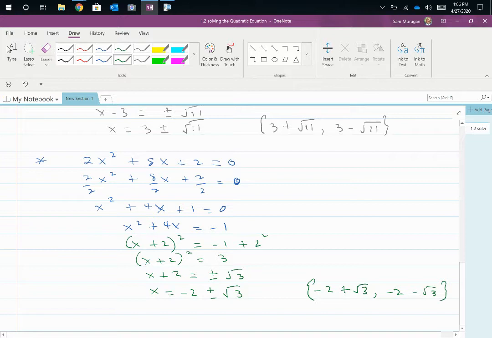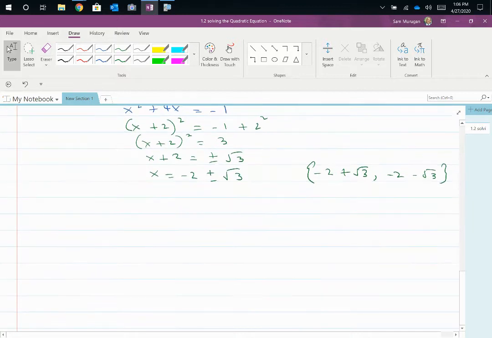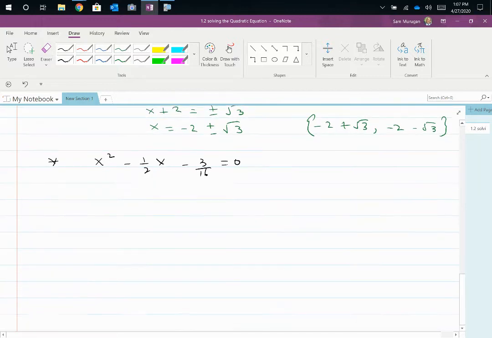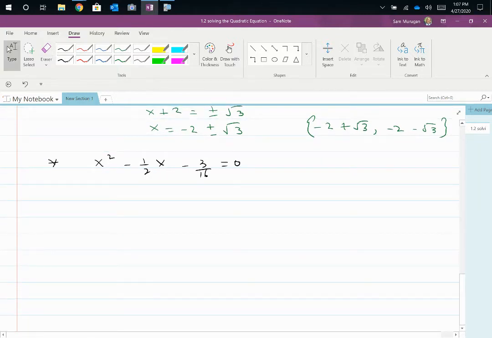Now, let us take this a step further and consider some examples involving, say, problems with fractions. If I were asked to solve x squared minus 1/2 x minus 3 over 16 is equal to 0, remember, the first principle is that we move the constant term to the right hand side.